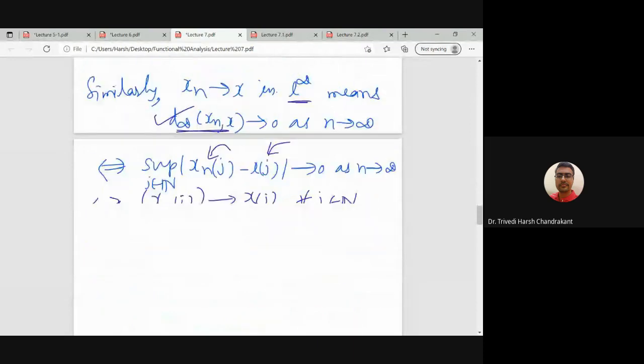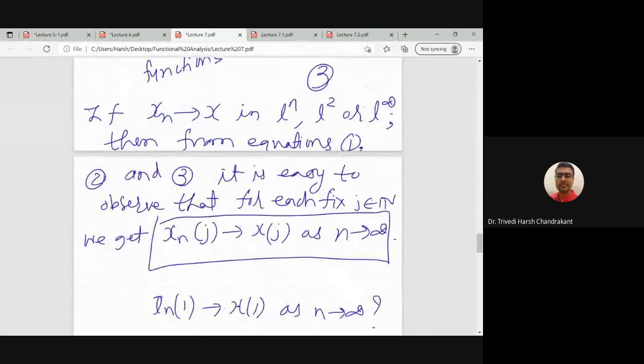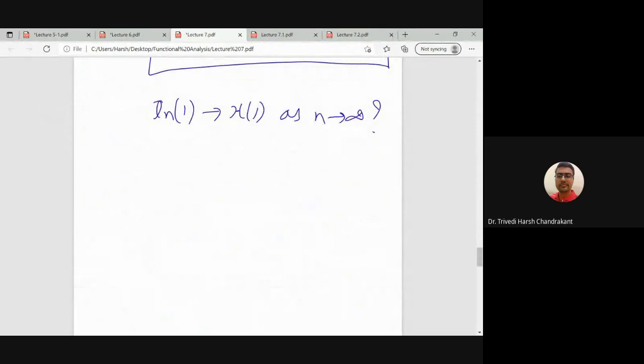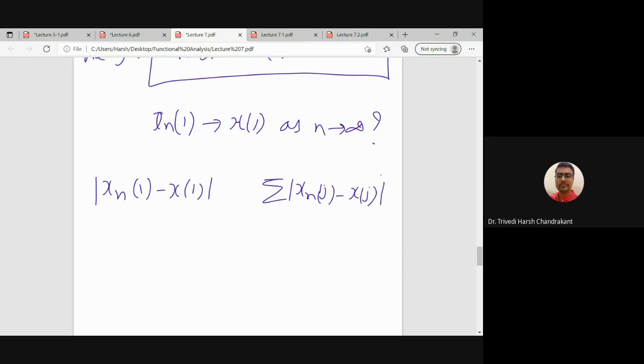So what is the relation between these two? This converges to 0. What can we say about this? Whether this converges to 0?